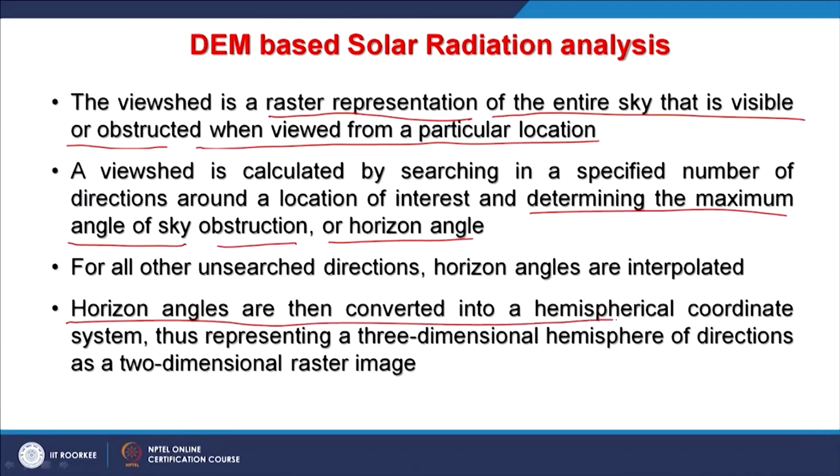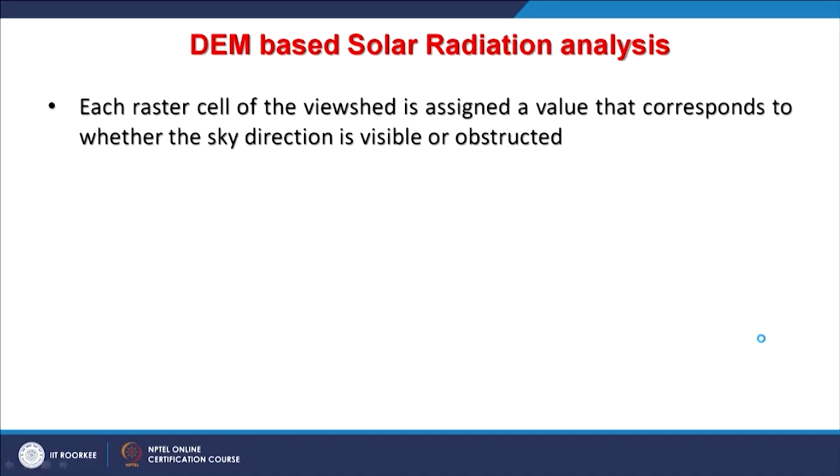For all the other unsearched locations or directions, horizon angles are interpolated. Now, these horizon angles are then converted into a hemispherical coordinate system, thus representing the 3-dimensional hemisphere of directions as a 2-dimensional raster image. When I show the examples, these things will become further clear.